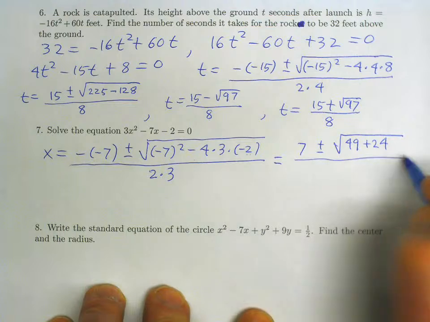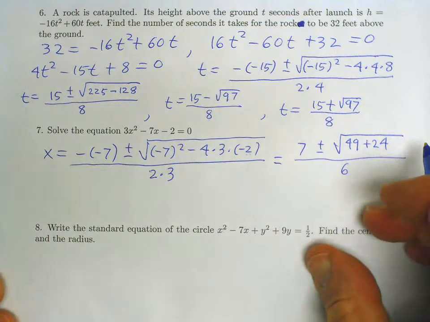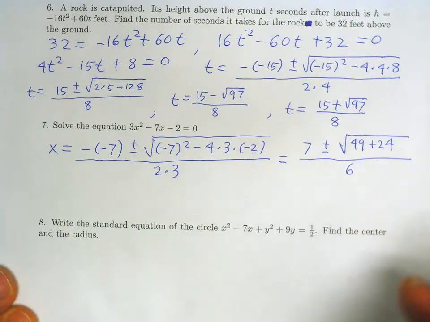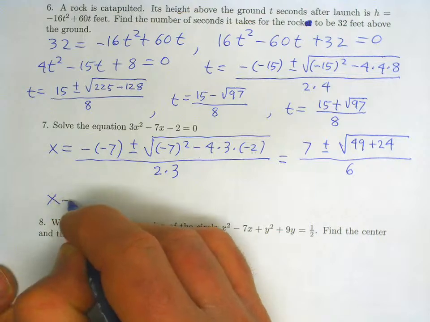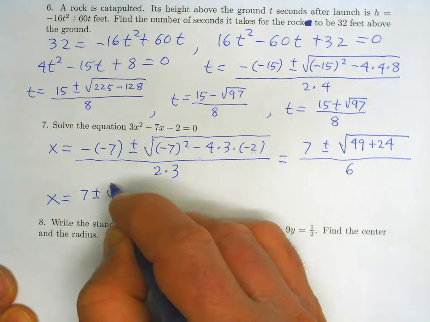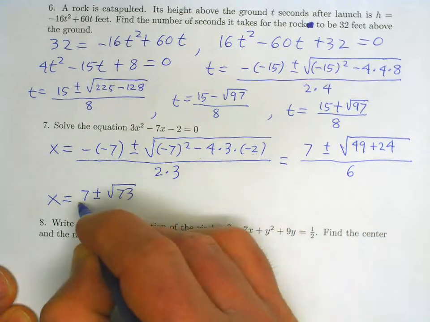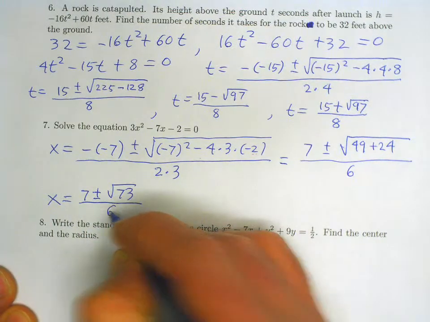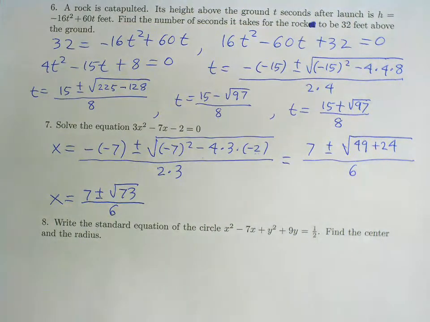And then we're dividing it all by 6. So there's just one more step. X equals 7 plus and minus the square root of 73, all divided by 6. The square root of 73 cannot be simplified any further, so these are the two solutions.